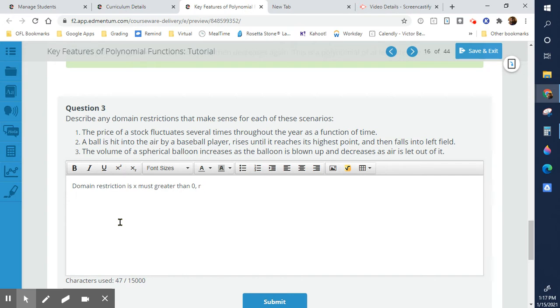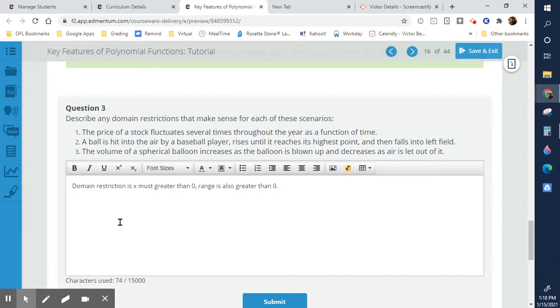Range is also greater than 0 because there's no such thing as negative money. There's this thing if you borrow money to buy stock, but that's not related to the stock price.